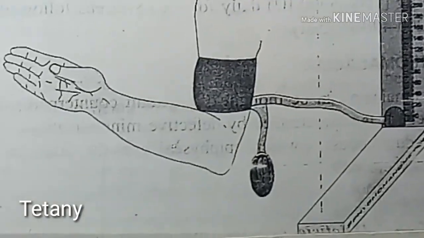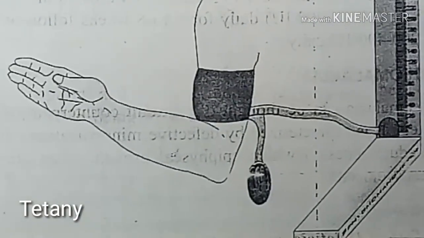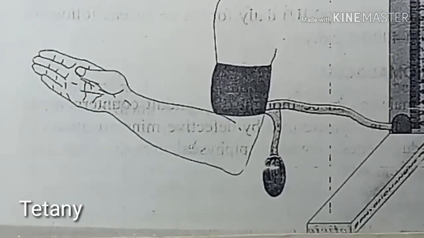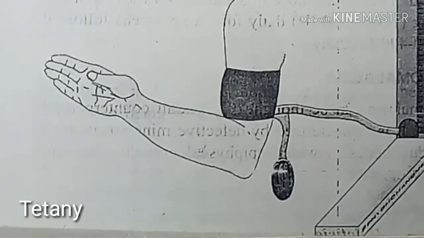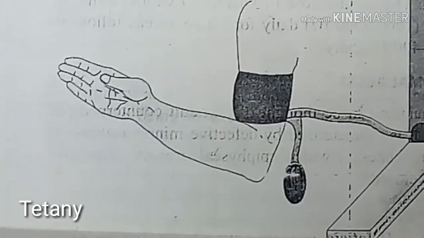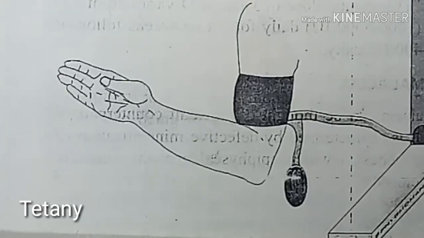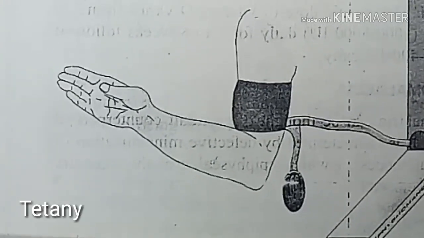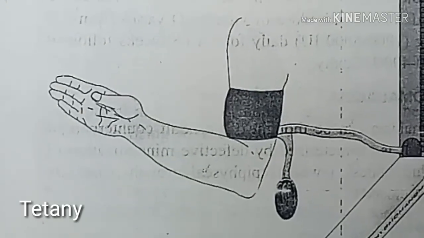Next is latent tetany, that is also known as subclinical tetany. Here, above described typical symptoms as well as signs of tetany, they are not present, but these signs can be unmasked by following provocative tests, and they are: first, that is Strauss's sign.